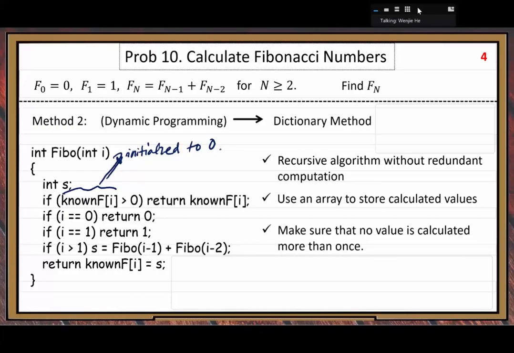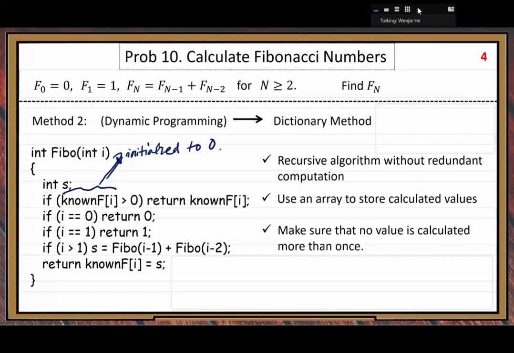Here we use index I. So it is a key-value pair. Here, what's the key? Index I is the key. We use index I as the key to search, to find its value, and then we compare the value there with 0.